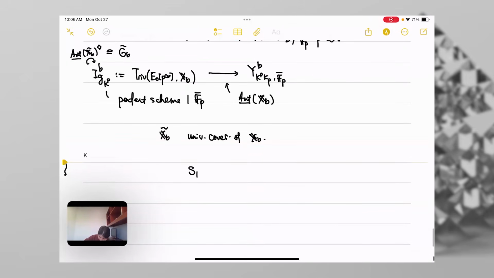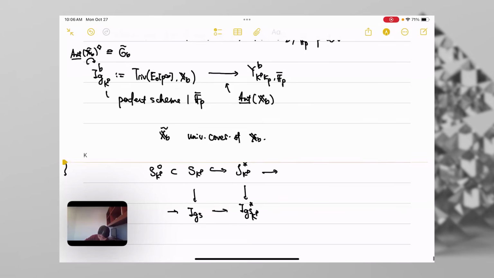So you can just look at the image of that in the minimally compactified Igusa stack.